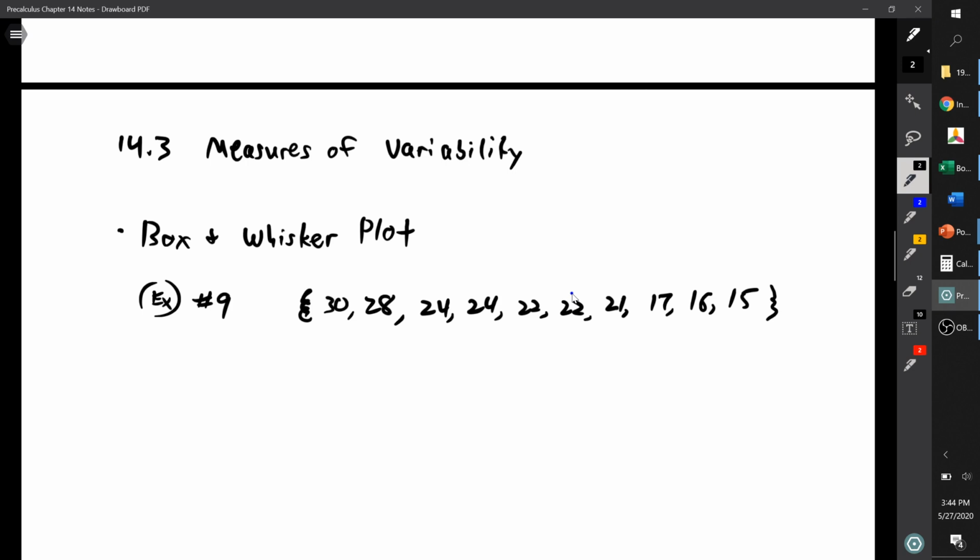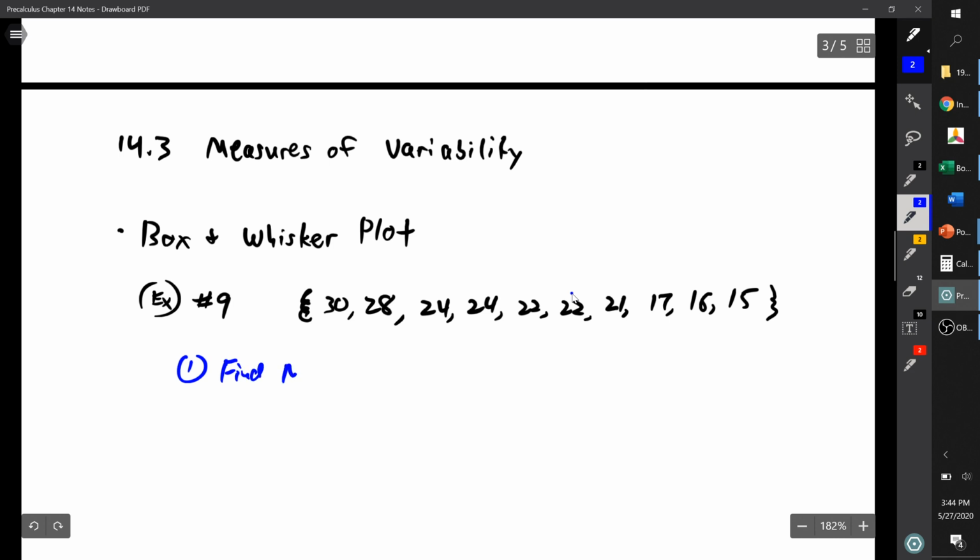First, what we need to find is the median. So step 1, find the median. I'll list this in the opposite order: 15, 16, 17, 21, 22, 22, 24, 24, 28, and 30.